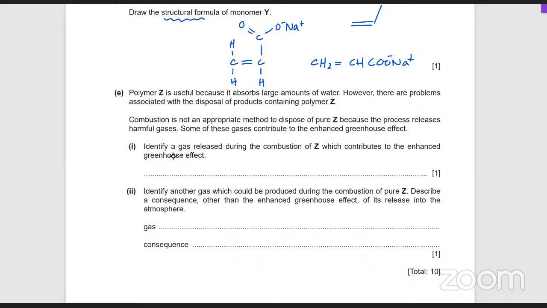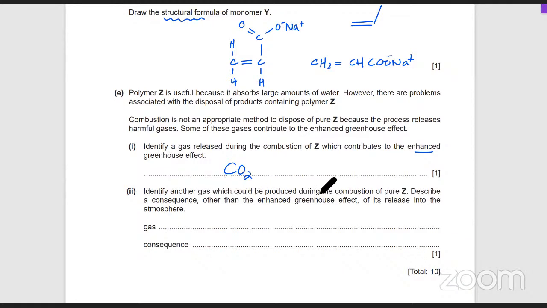It's carbon dioxide, right? Remember we discussed earlier, the word enhanced. You have the greenhouse effect that is natural. Enhanced is due to human activity. The extra carbon dioxide that gets produced, the extra chlorofluorocarbons that get produced.